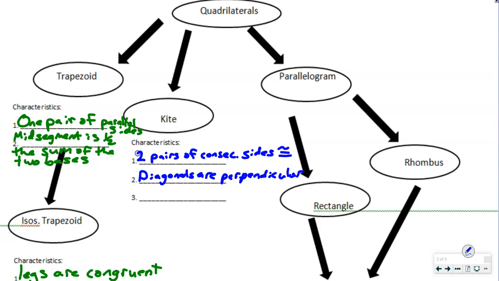And then the last one: exactly one pair of opposite angles congruent.